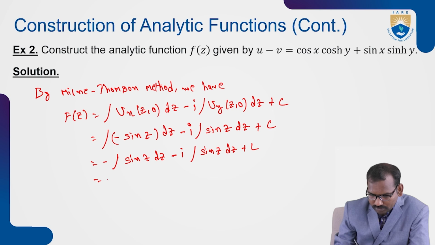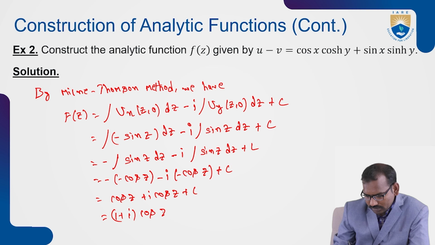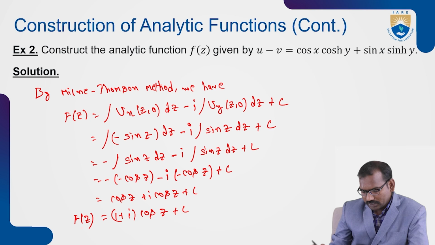Here you will have minus cosine z integration and minus I times minus cosine z plus the constant c. Here you can observe that you will get cos z plus I times cos z plus c. Its value is simply 1 plus I times cosine z plus c. This is your capital F of z.